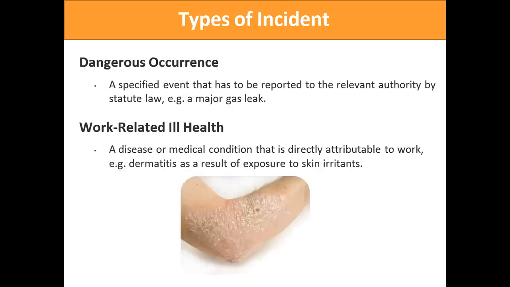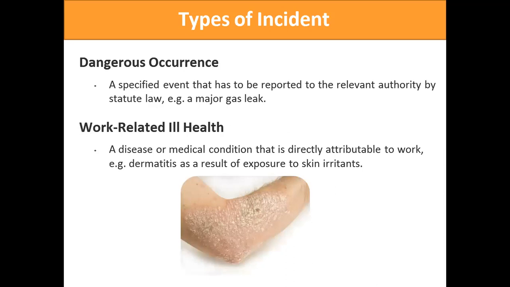Okay. Then dangerous occurrence: a specified event that has to be reported to the relevant authority by state law. That's like a major gas leak, because we cannot stop or correct a major gas leak. We need to inform the authority, and the authority will come and rectify it.